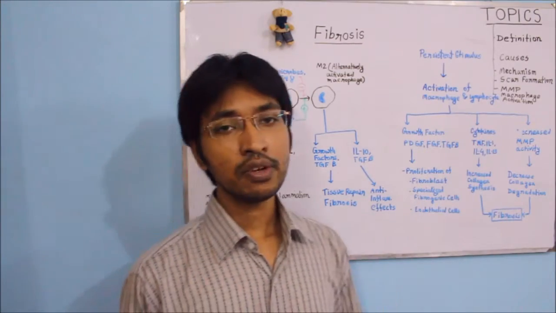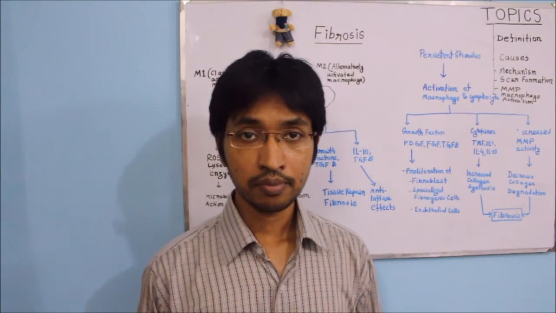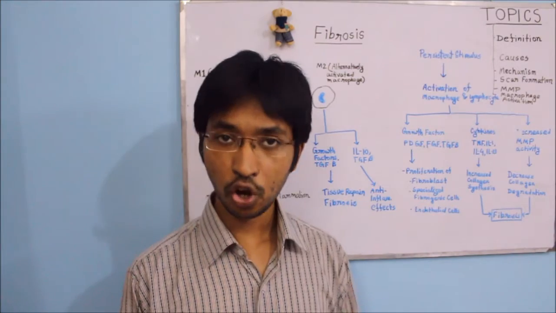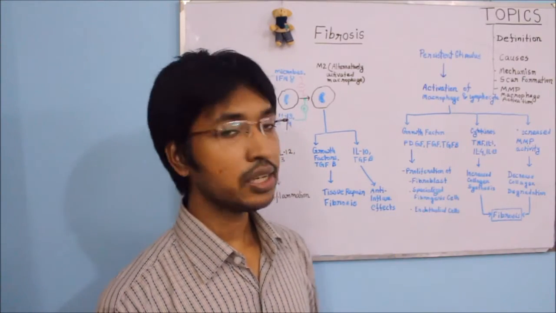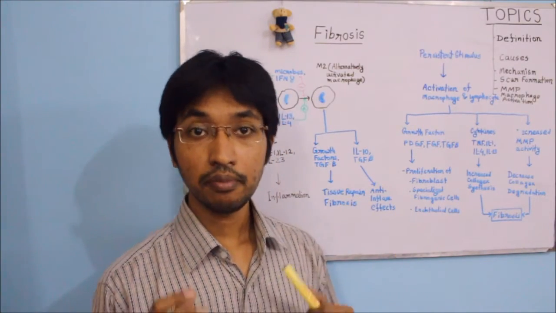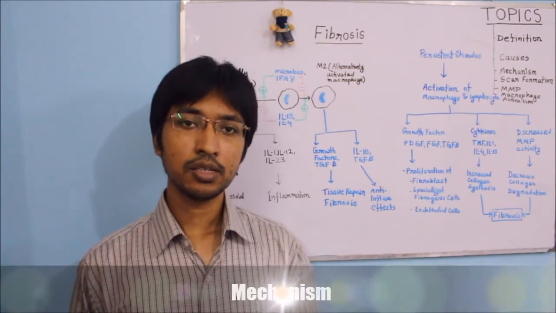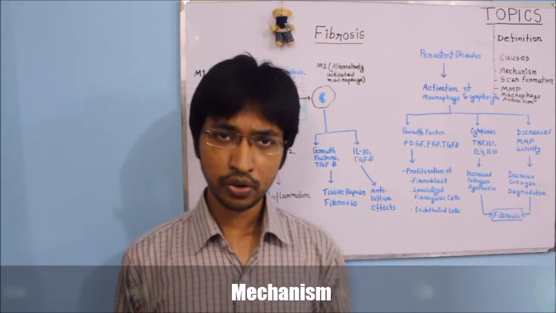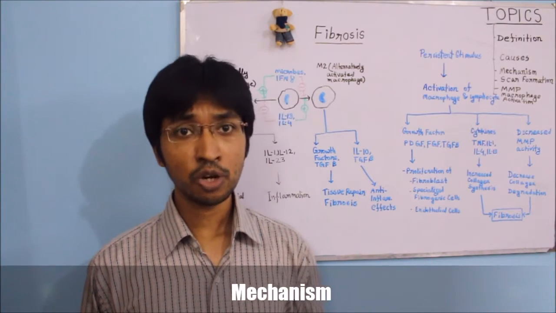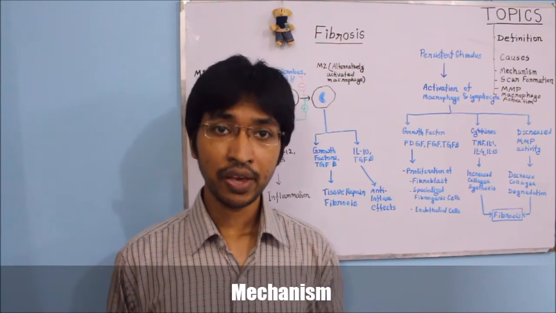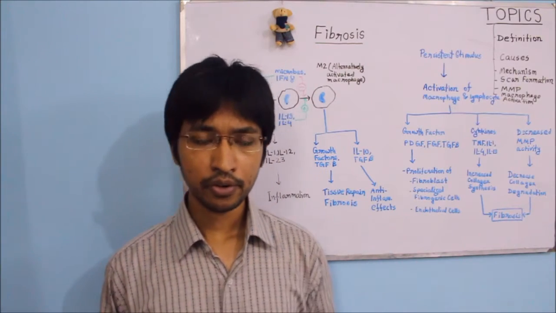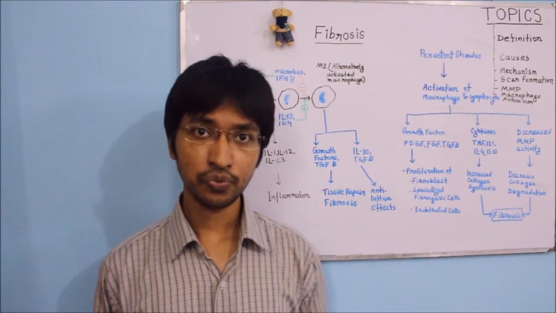So now that we have defined fibrosis and mentioned its major causes, let's move on to the next topic and talk about the mechanism of fibrosis. Now the basic mechanism of fibrosis is similar to the mechanism of scar formation in the skin that we see during tissue repair. So let's talk about scar formation first.